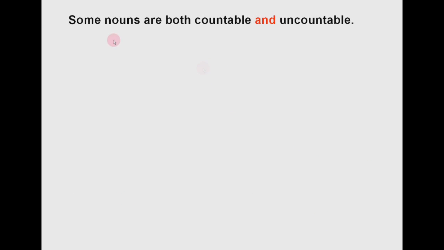It is important to understand that there are some nouns which are in both categories, which are both countable and uncountable. For example, the word chocolate.